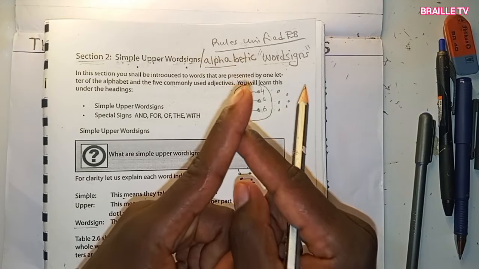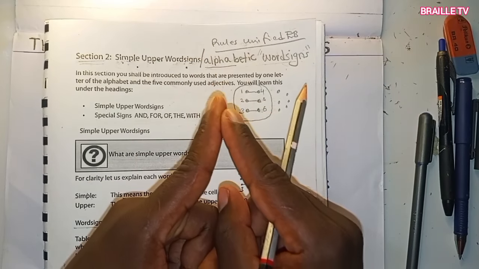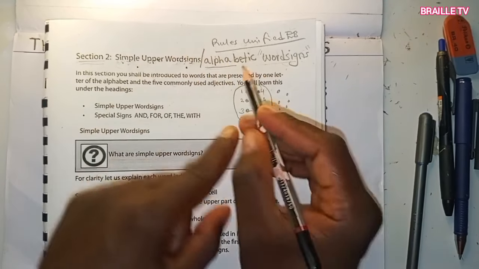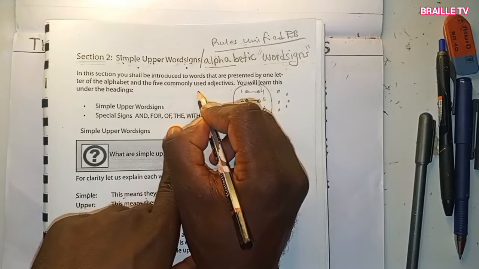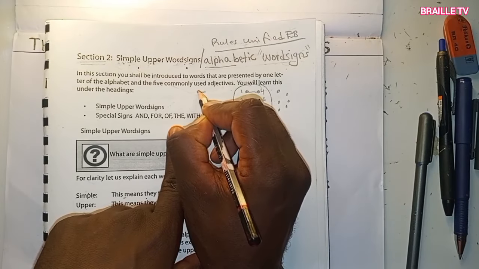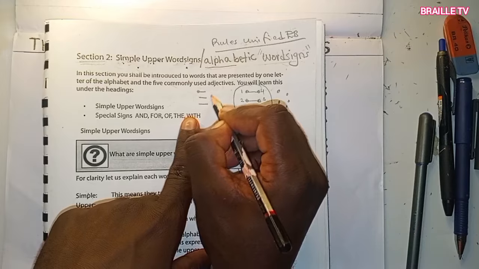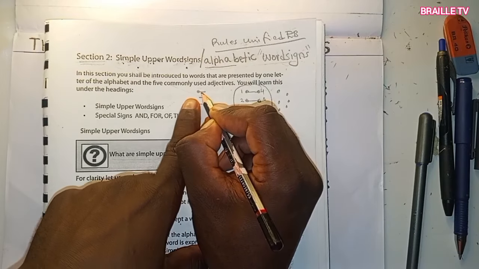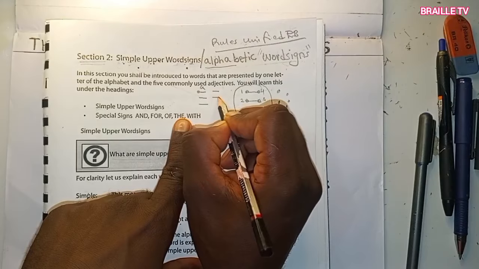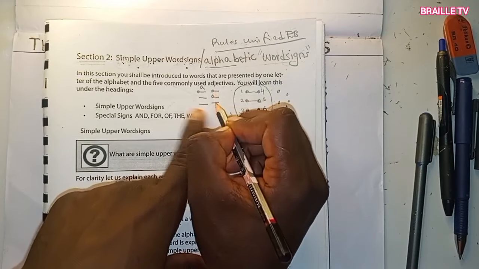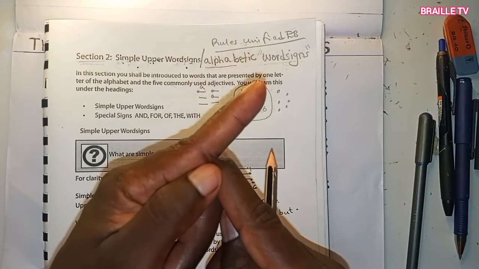I repeat, I'm saying letters of the alphabet, each letter takes 1 Braille cell, okay? For example, letter A, we said is written like this. So this is 1 Braille cell, whereby this letter A takes 1 Braille cell. Letter B, for instance, takes 1 Braille cell. So each letter takes 1 Braille cell.